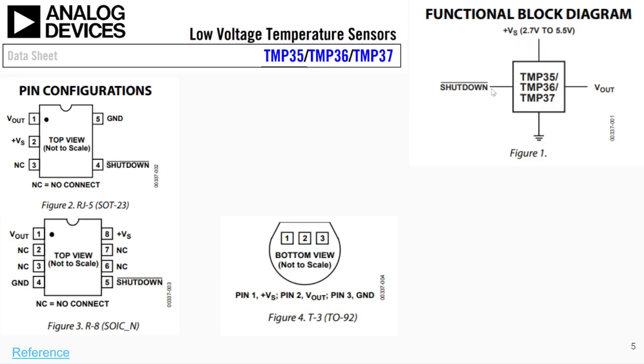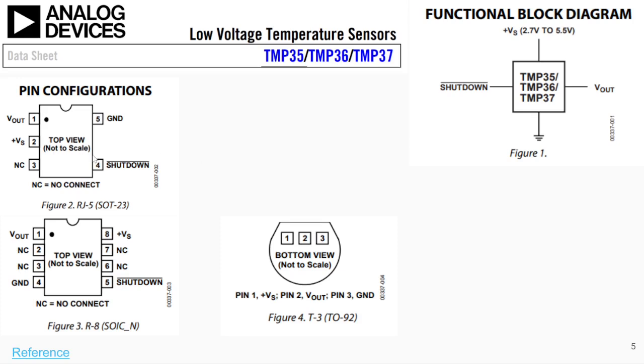Or if you don't need that shutdown feature at all, you simply short it to the supply voltage, and the device will be on all the way. But some applications do require that you only turn the device on when you need to read the temperature, and that is the reason for having that kind of signal available for your sensor.